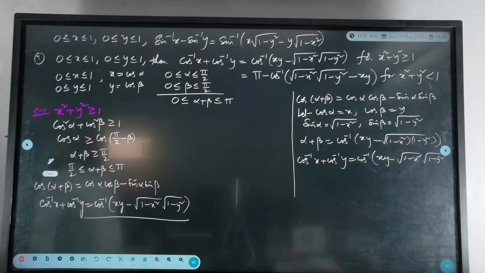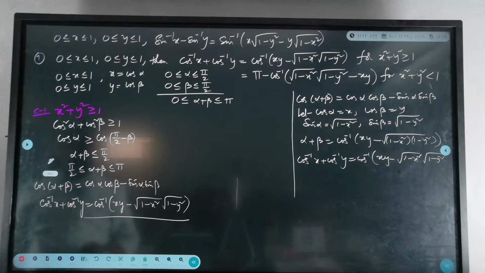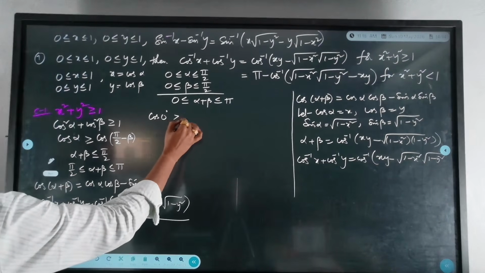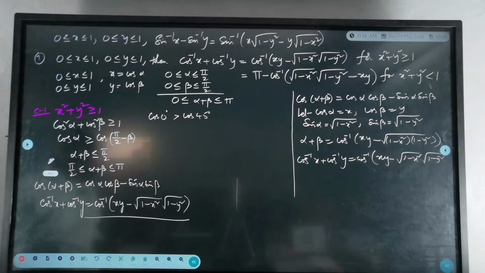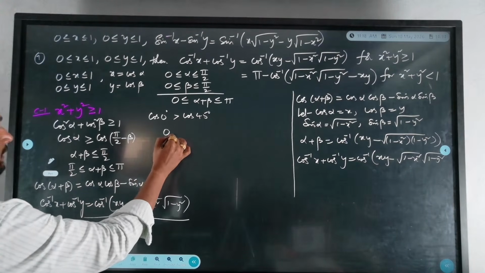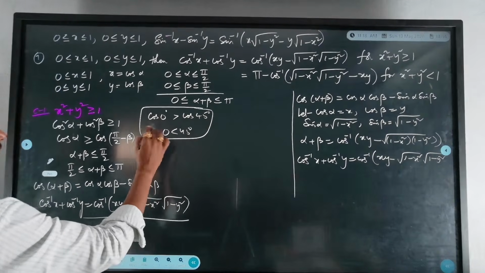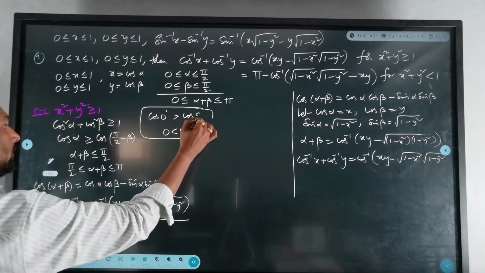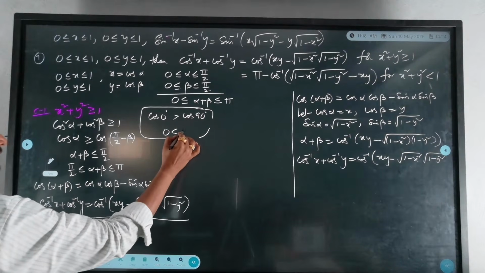Yeah, this is less than or equal to. See, cos 0 degrees is greater than cos 45 degrees, for example. Observe here, 0 is less than 45. See this example: cos 0 is 1, suppose cos 90, cos 0 is greater than cos 90, and 0 is less than 90.